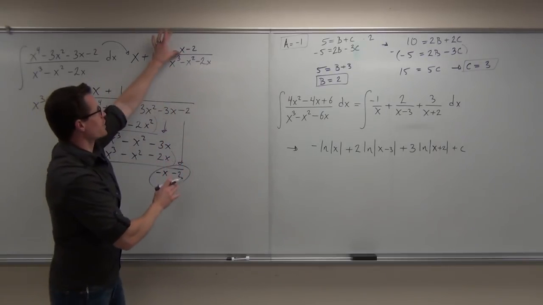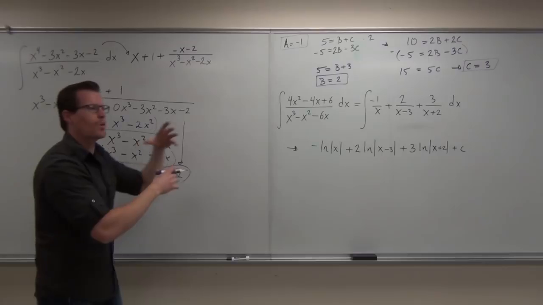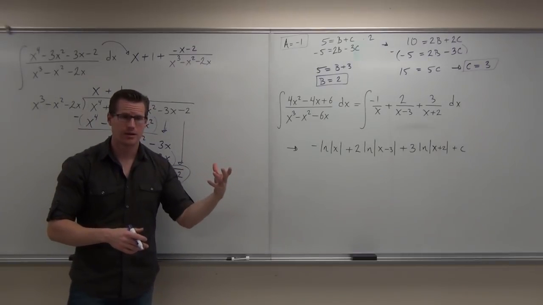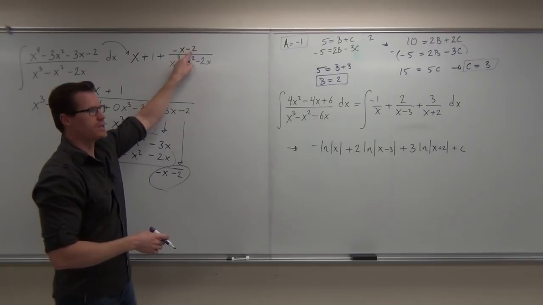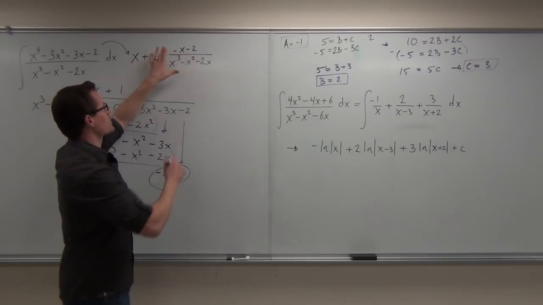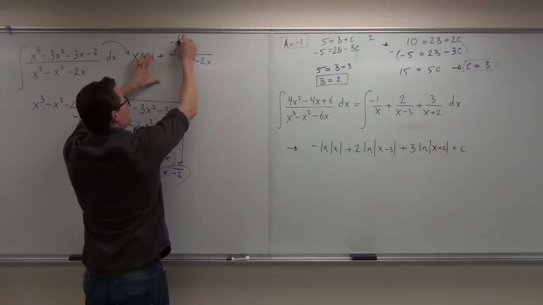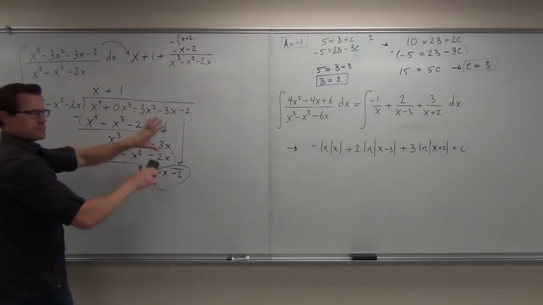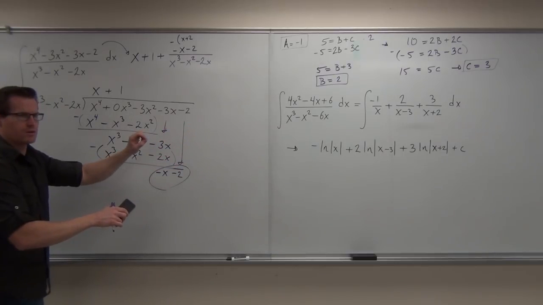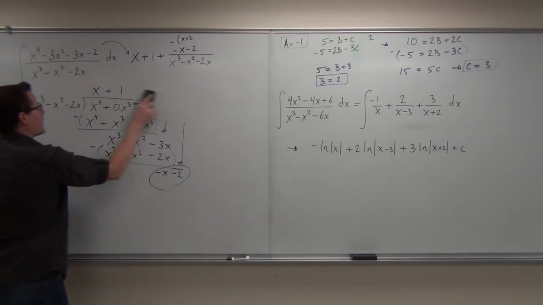I'll put this on the numerator. I'll put my plus sign there because you can always add, but you can add later. So here's what you'd have to do to change that sign. You'd actually have to factor out your negative here. Does that make sense? If you factor out your negative, this becomes negative x plus 2, and that's something that we can deal with. Any questions on long division at all? Okay, so this is what we get.